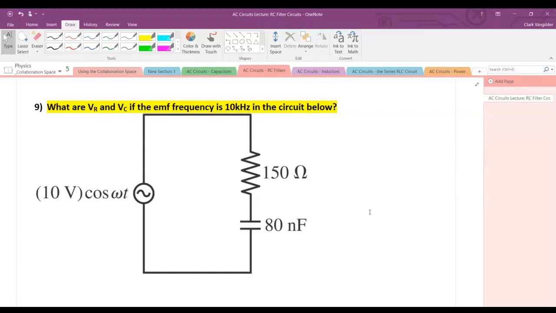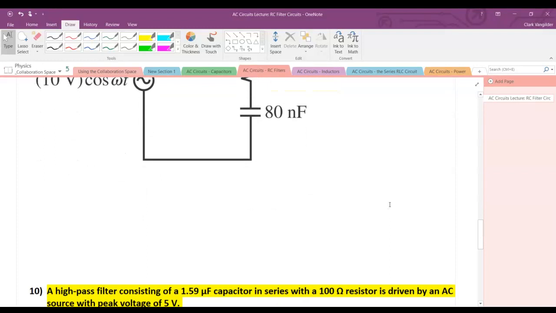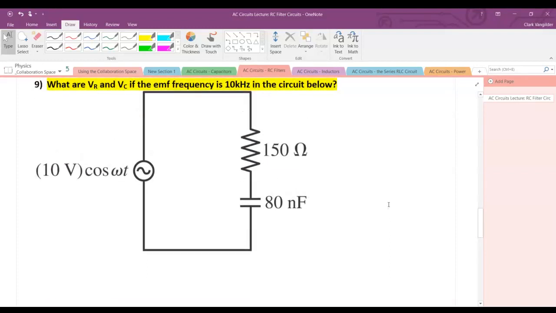All right, see how much room I got here. All right, that's all fine and dandy. So let's deal with this here. So I'm going to have some reactance for this capacitor.